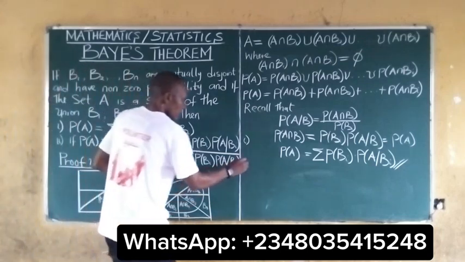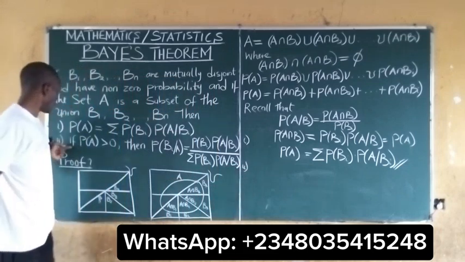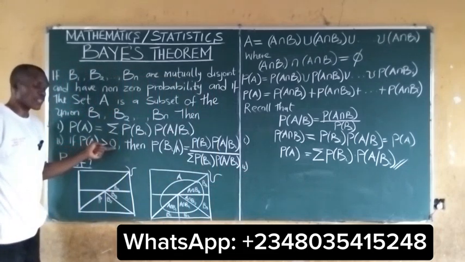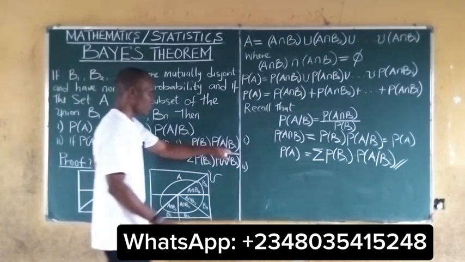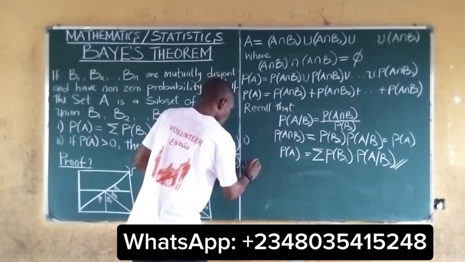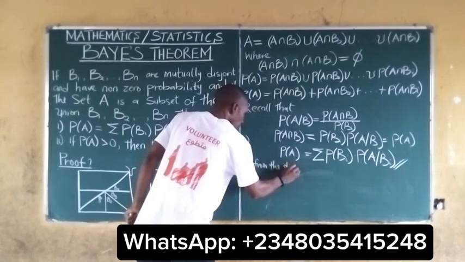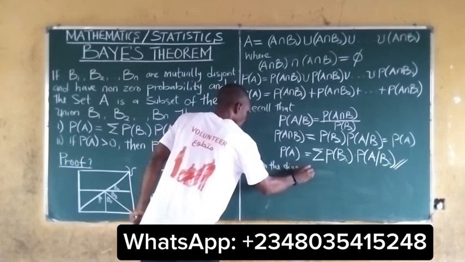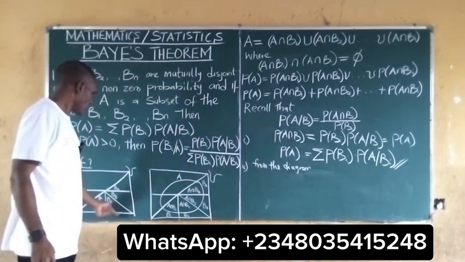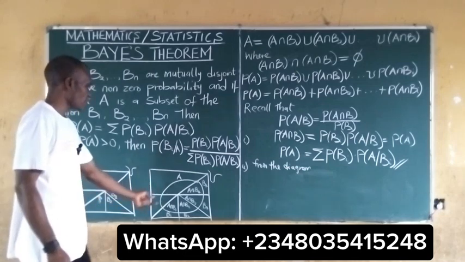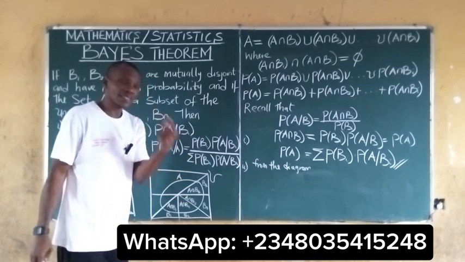For the second one, for the second question, that if the probability of A is greater than 0, then the probability of B given A. And let us say from the diagram, which is this, these are mutually disjoint sets, and we brought them here to be A intersection individual sets.